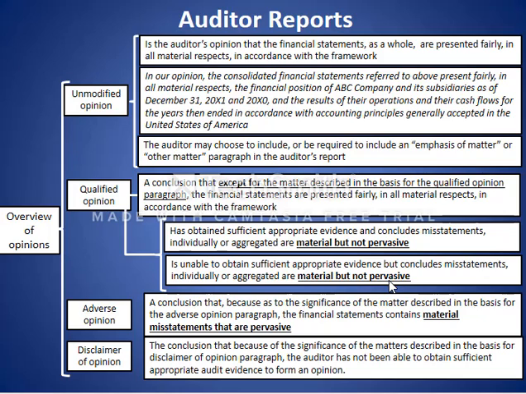In other words, the auditor doesn't have enough proof, but pretty much believes there are certain items out there that could be material in the financial statements, but they're not pervasive. That could also result in a qualified opinion. We'll get more into that as we go along.